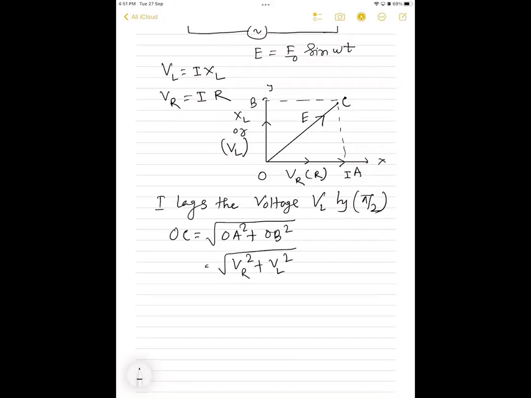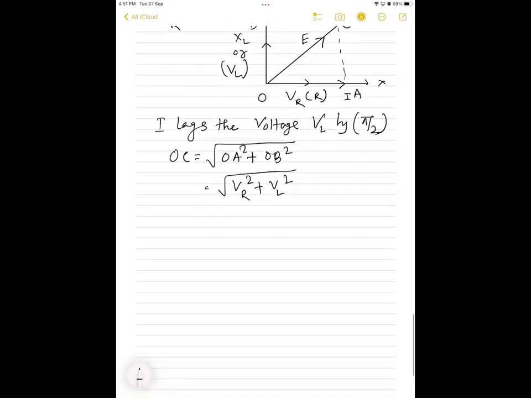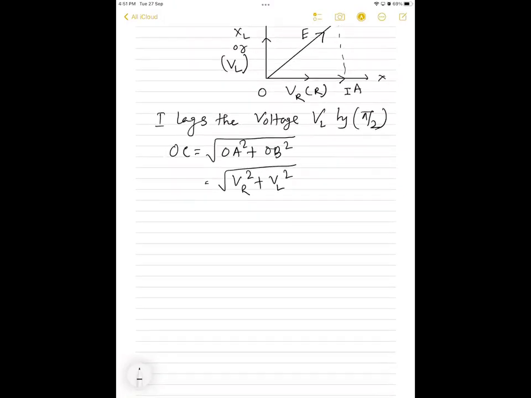So now, by combining the equations, E is equal to total net EMF, E is equal to root over VR square plus VL square, correct? VL is IXL. That means I square XL square root over.